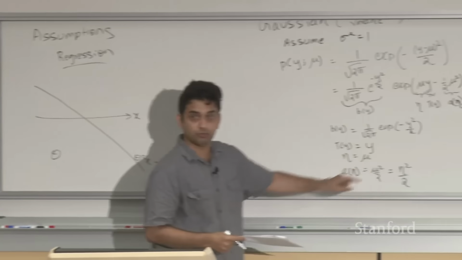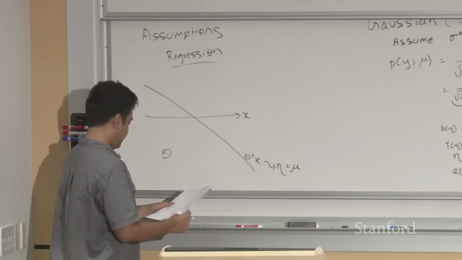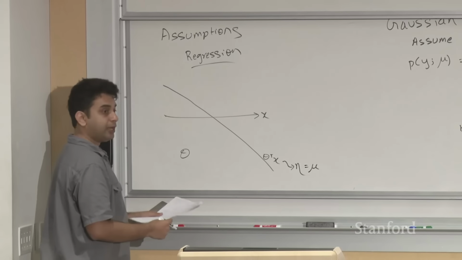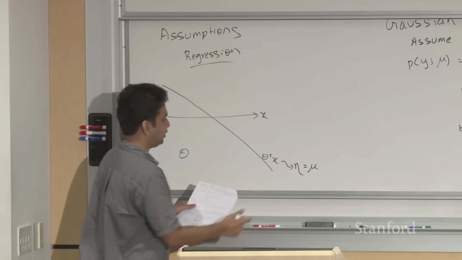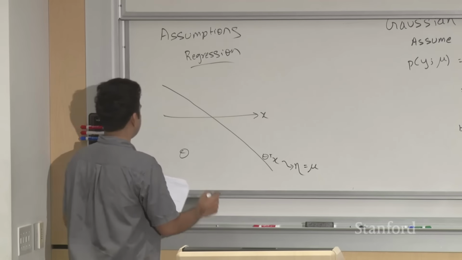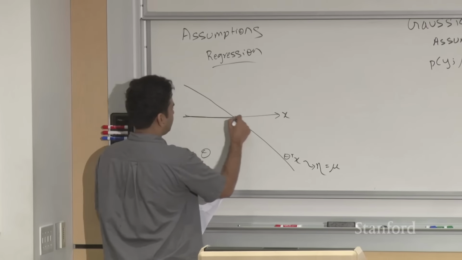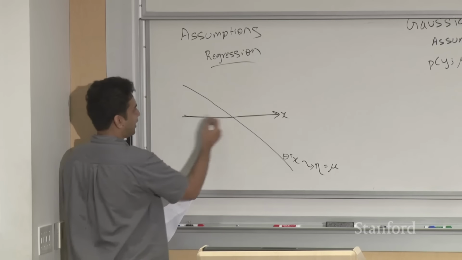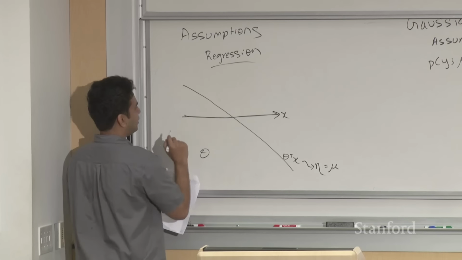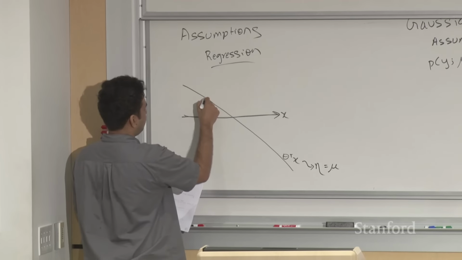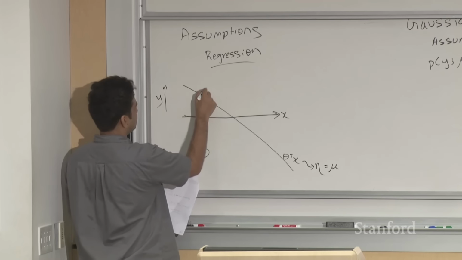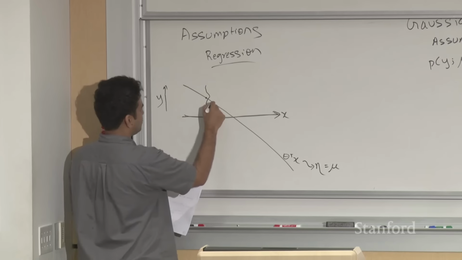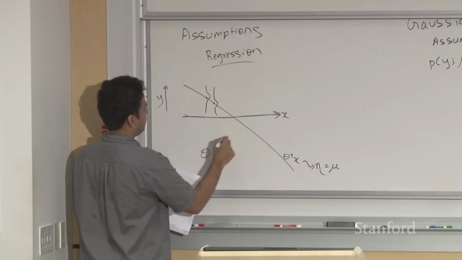Then we are assuming that the y for any given x is distributed as a Gaussian with mu as the mean. Which means for every possible x, you have the appropriate eta, and with this as the mean, let's think of this as y. So there is a Gaussian distribution at every possible x.